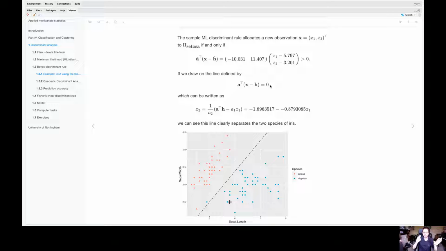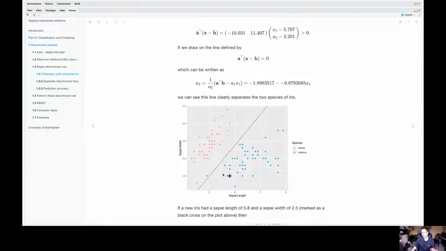If we work it out, that's going to be given by this equation here. And if we draw that on, we get a line in this position just here, which you can see does exactly like we think. It draws a line right between the 2 populations.